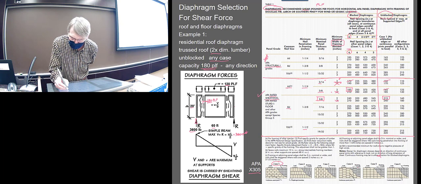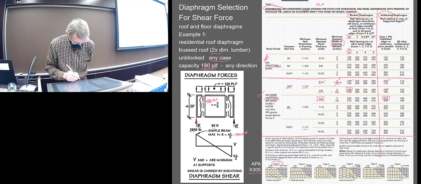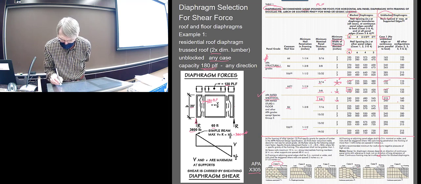So this would be case 1. I'd be able to do it with this panel. If I didn't want to follow case 1, which you see has a lot more, it's supported in the strong direction, or it's acting in the strong direction.